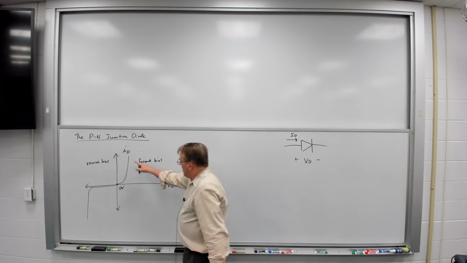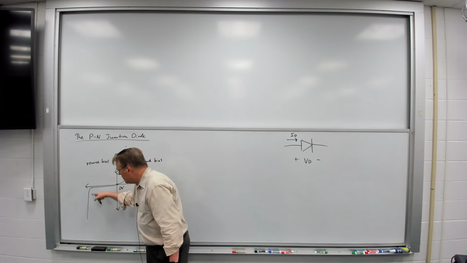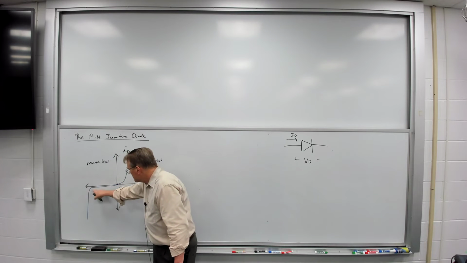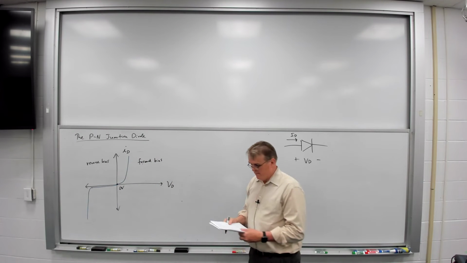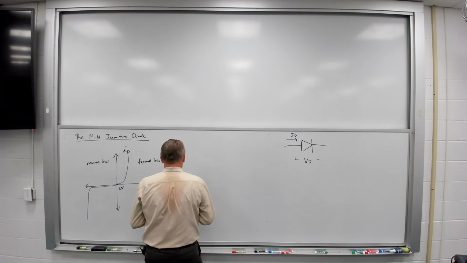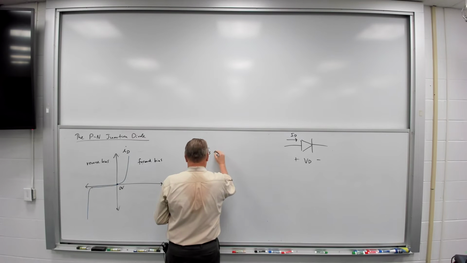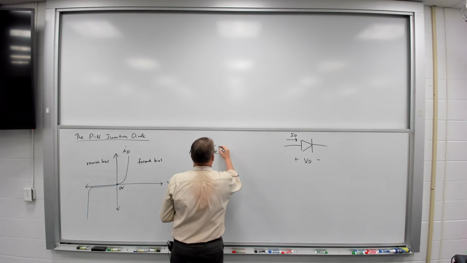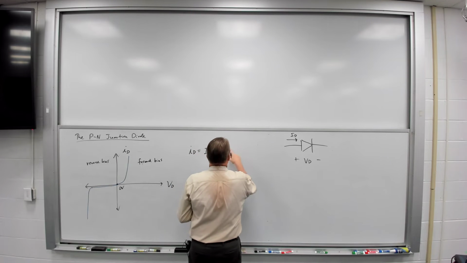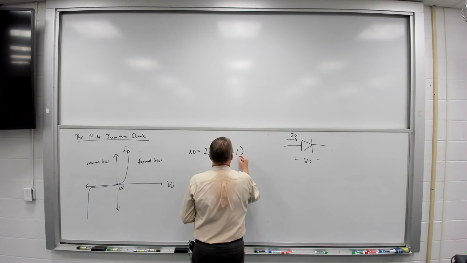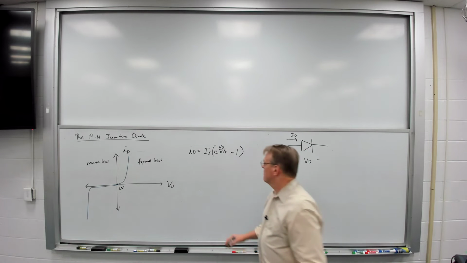So in this region here, from here to here, and for now we're just going to ignore this. But in this region here, there's an equation that describes the operation of the diode. This is valid for either forward or reverse bias.